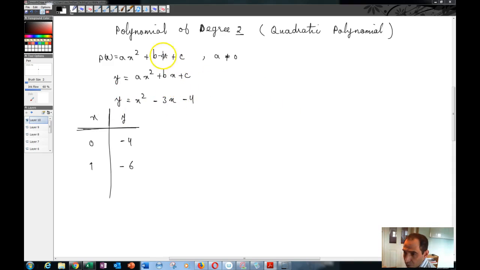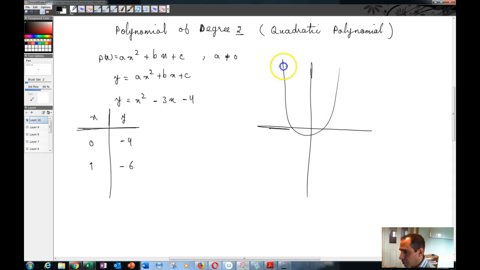For example, we know that these parabolas, ax squared plus bx plus c, depending on the polarity of the coefficient a, are either a function like this or a function like this, upside down, meaning that it either opens upwards or downwards, and that depends on the coefficient of x squared.